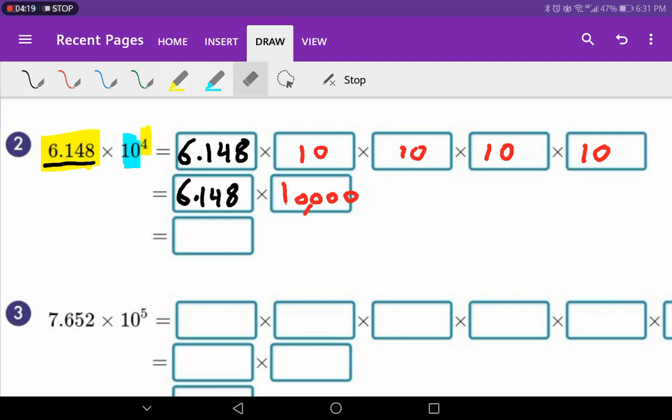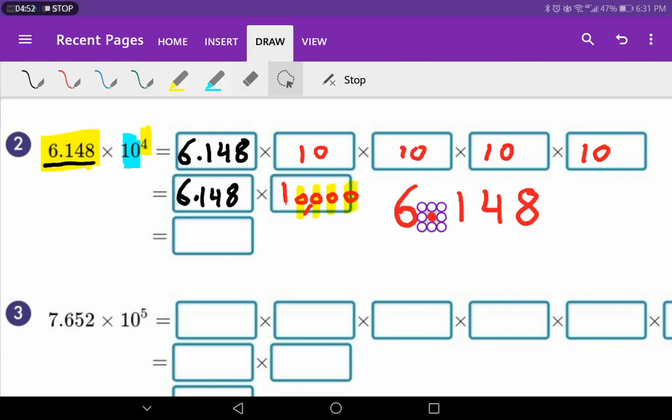Now let us come back to our strategy. I will zoom in on the number: 6.148 multiplied by 10,000, and 10,000 holds 4 zeros. That means the decimal point must move 4 steps.